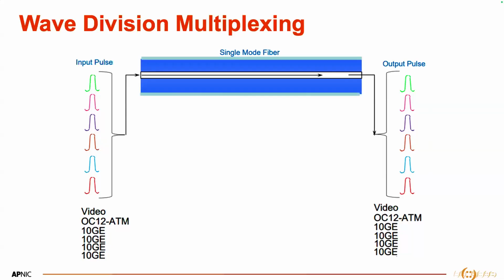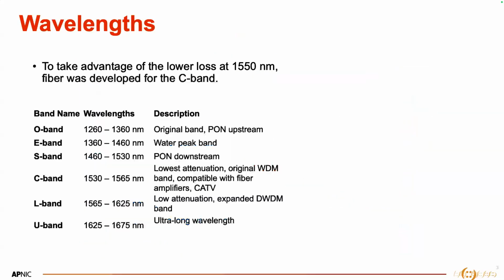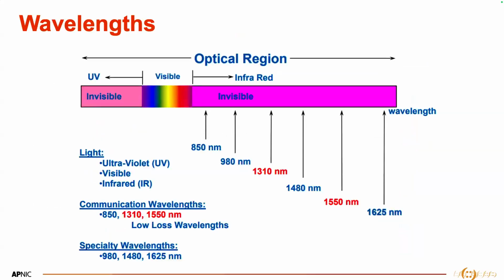The reason is that for multi-mode fiber, the supported wavelength does not fall into the lowest attenuation band. What we saw in the wavelength bands is that the lowest attenuation band is the C band, whereas multi-mode fiber works around 850 nanometer.